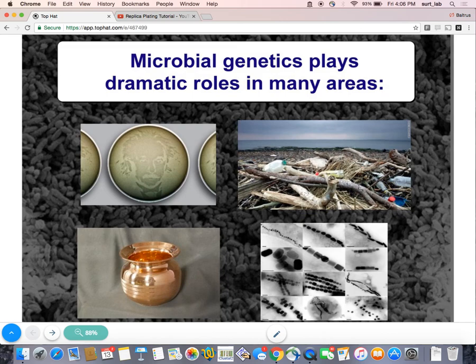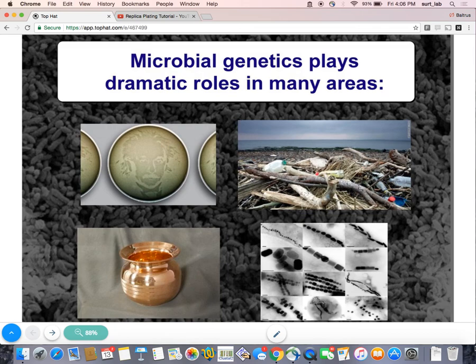So one way we're trying to cure this plastic problem in the world is by engineering microbes that will actually break it down. If you look at plastic bottles, sometimes they say this will be in a landfill for thousands of years. They shame you into not using plastic. Well, if we can design microbes that actually eat that plastic, potentially we can help take care of that problem. The second discussion paper, I think, is actually on that topic, so we'll talk a little bit about that.